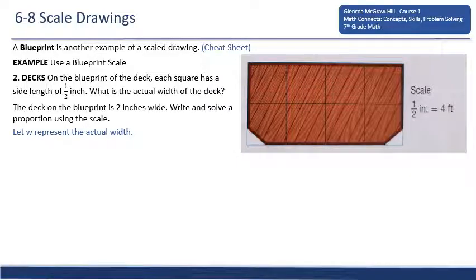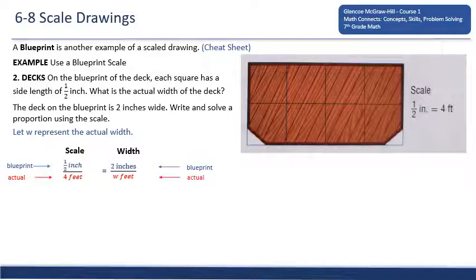Let W represent the width, and our scale will be 1/2 inch over 4 feet. So on the scale, 1/2 inch equals 4 feet, and the width, 2 inches, equals W feet. Sorry. Blueprint 1/2 inch, and on the blueprint 2 inches.